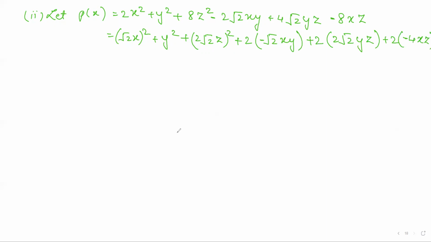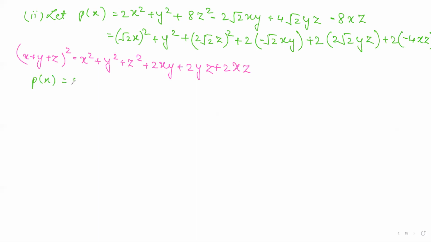Here, again you know the formula. (x plus y plus z) whole square is equal to x square plus y square plus z square plus 2xy plus 2yz plus 2xz. So your given P of x will become (root 2x) whole square plus y square plus (2 root 2 z) whole square plus 2 times.